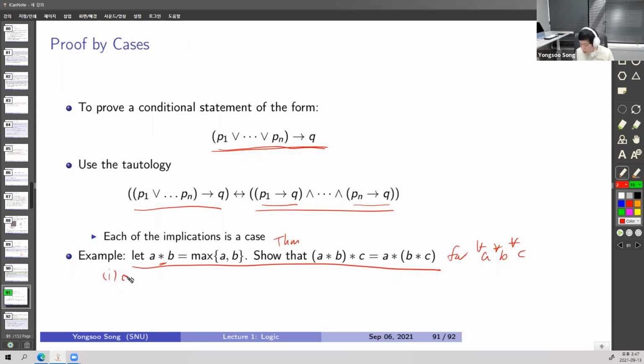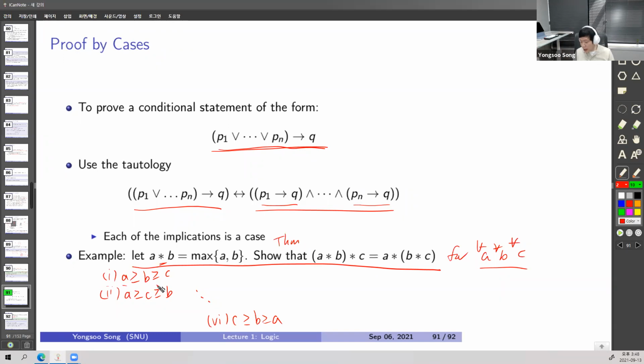For example, the first case is this, the second case is this, and the sixth case is like this. If you pick 3 random real numbers, they satisfy one of these 6 inequalities.